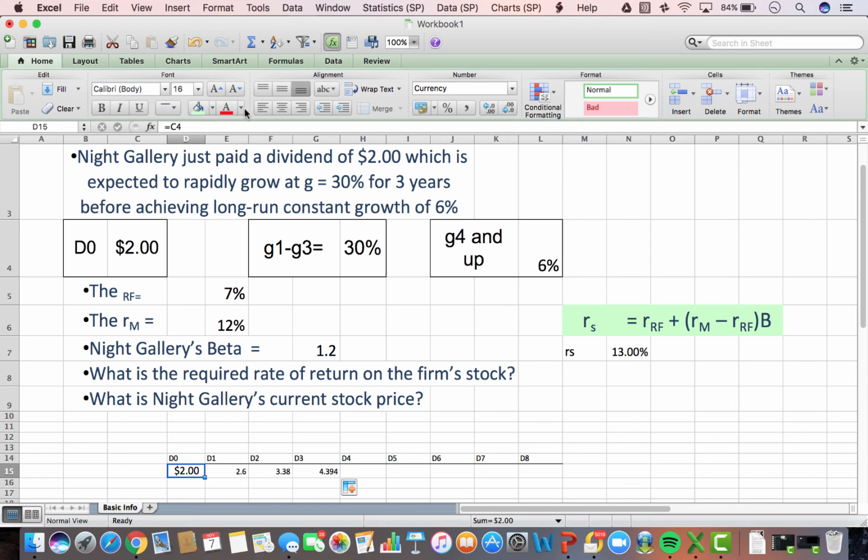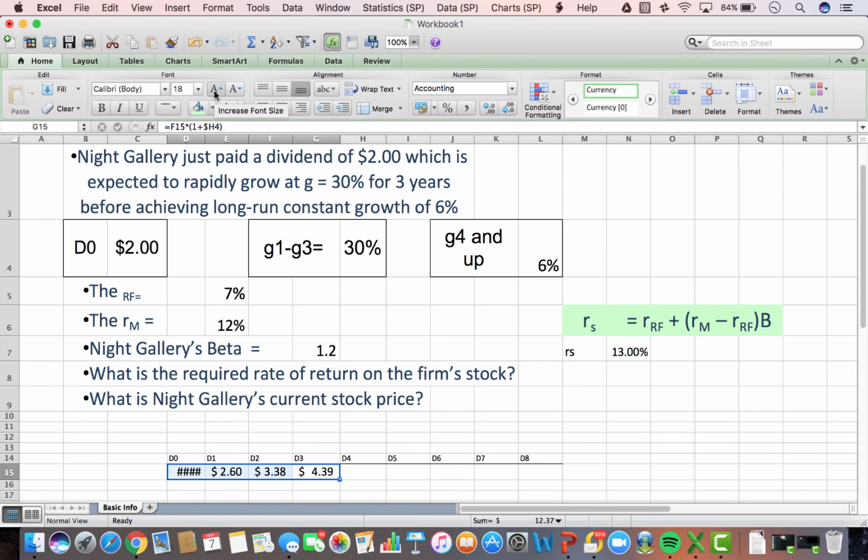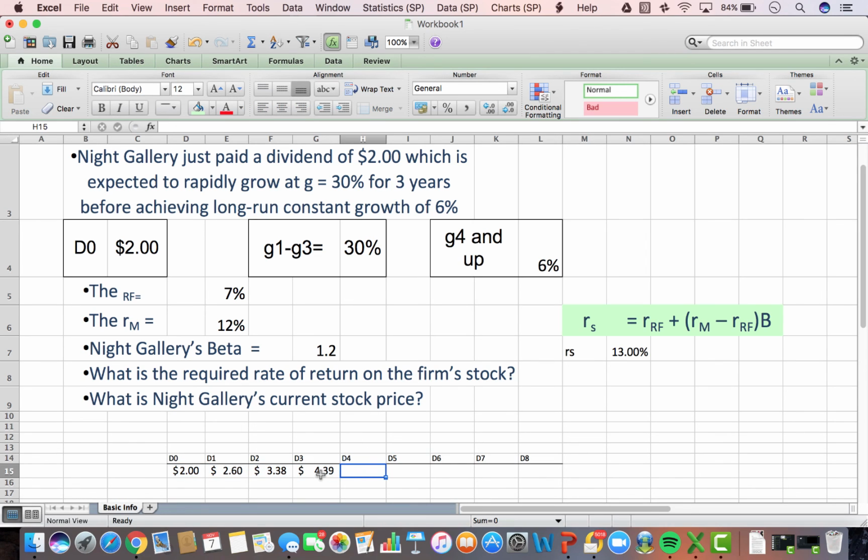I'm going to change the format of this to make it look better. And you'll see that the formulas are the one previous times the 30%.